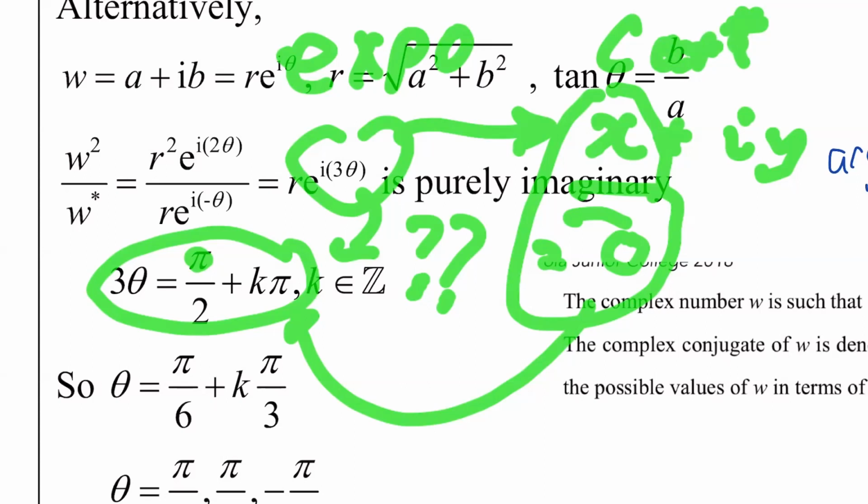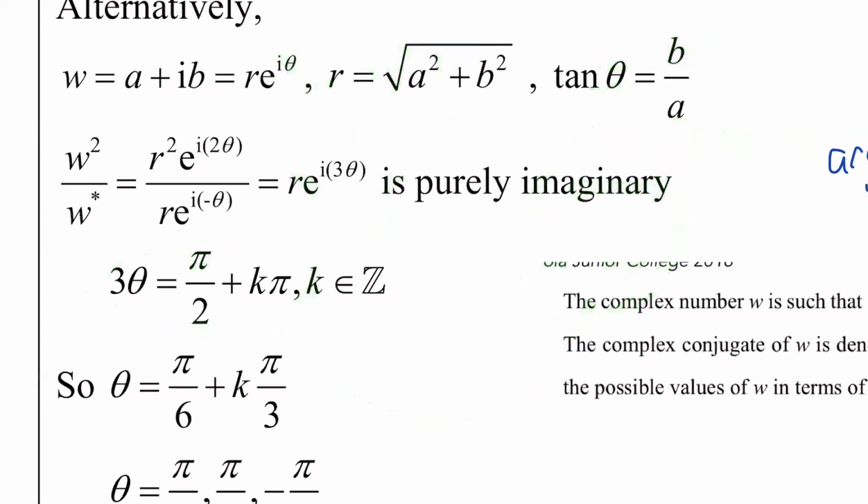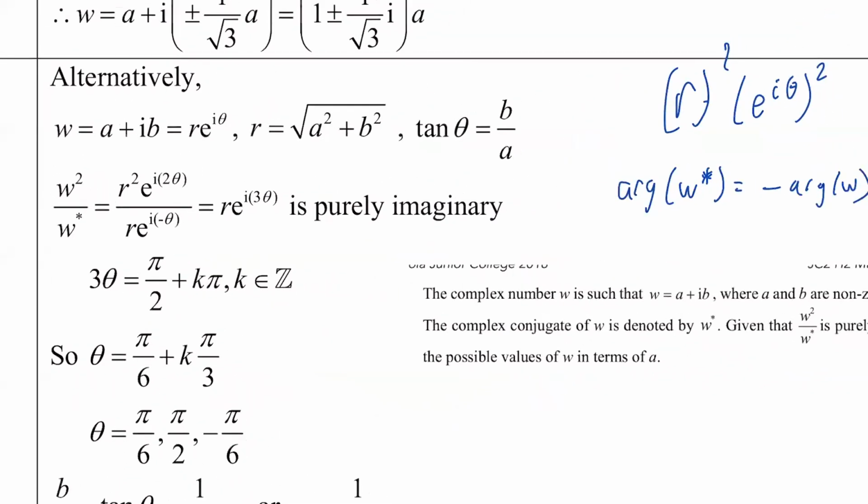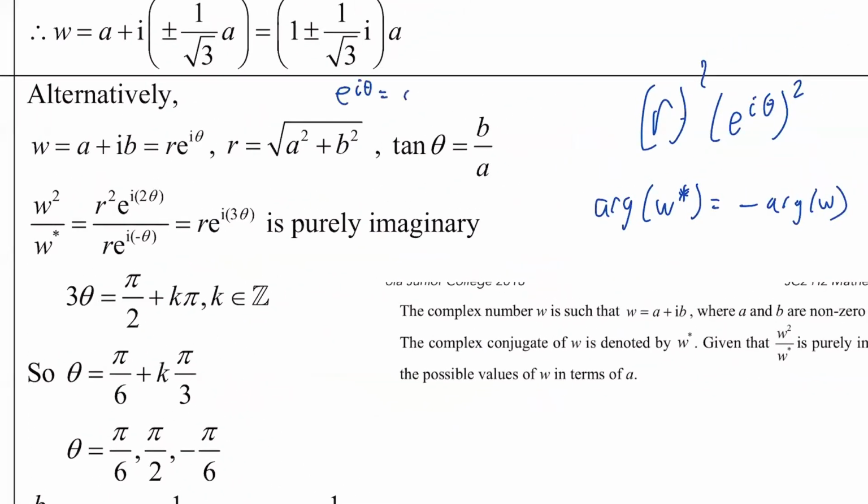The cosine, the sine, that one. Yeah, trigonometric form. So e to the i theta is equal to cosine what? Let's say e to the i theta equals cosine theta plus i sine theta. Correct. Well done.